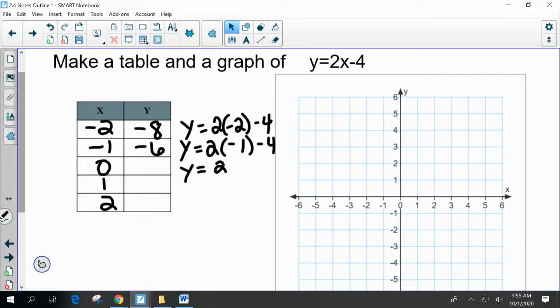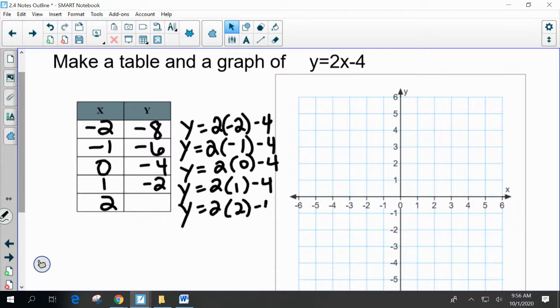Y equals 2 parentheses 0 minus 4. So that's 2 minus 4. So -2. And then 0. And then I would graph it.